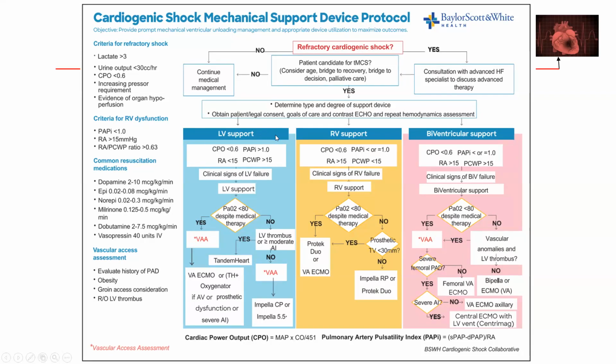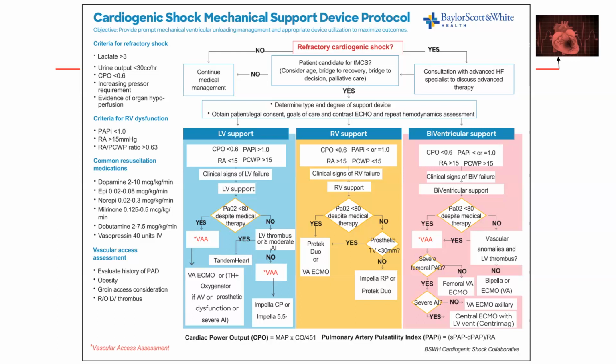Mechanical support of the LV will consider that I'm going to give you a balloon pump, an intra-aortic balloon pump, a left ventricular impeller, a left ventricular assist device. That's an external device that you can go home with.